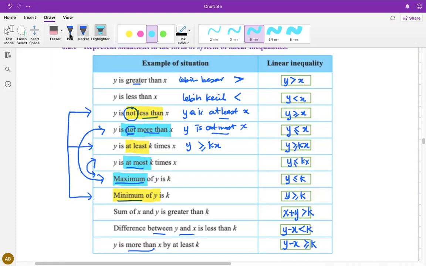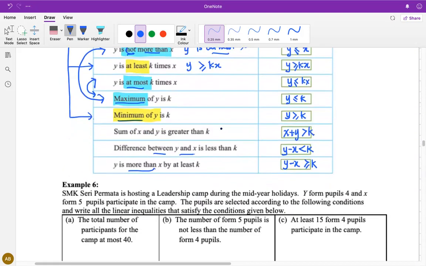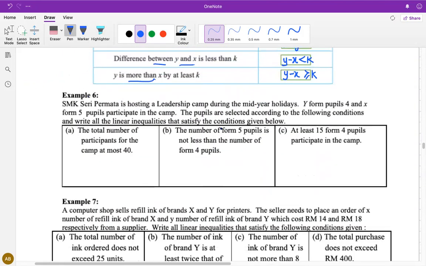Sometimes the question won't use greater, but excess. The term excess is equivalent to greater than, or more than. All are the same meaning as greater than. All right, now we go to example 6.